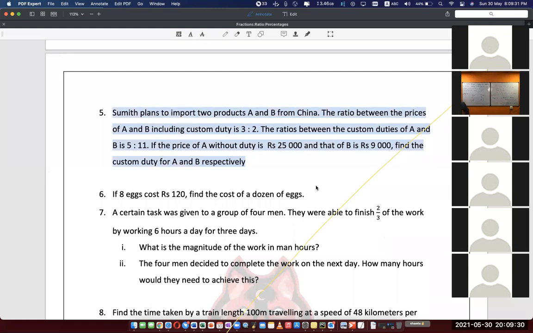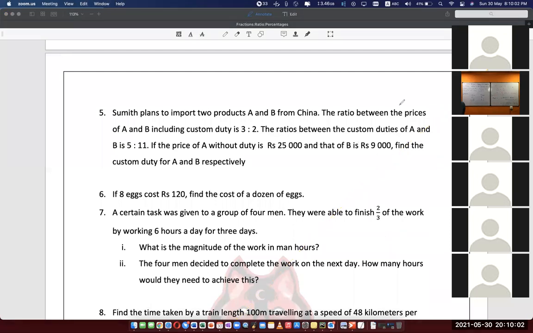This question. Should I disable annotations? Okay, let's do this question and send me the answer.